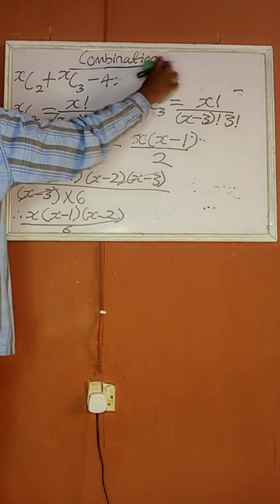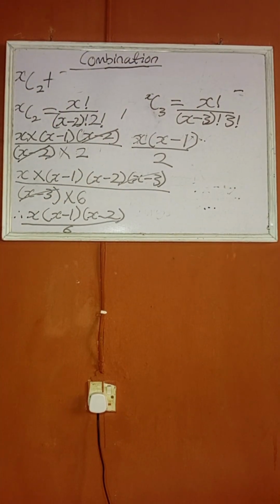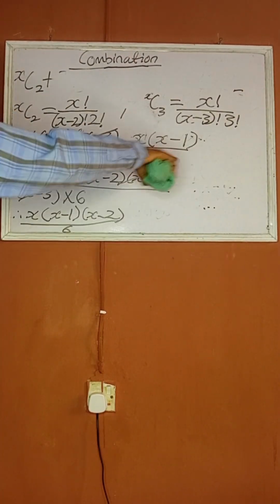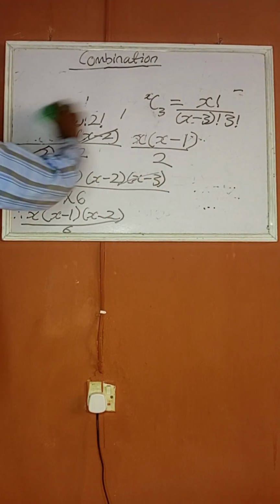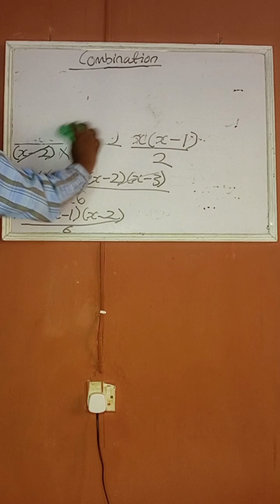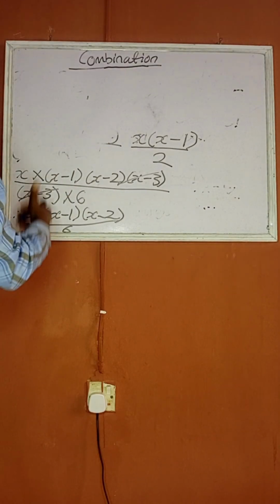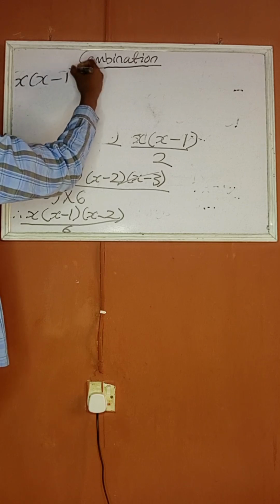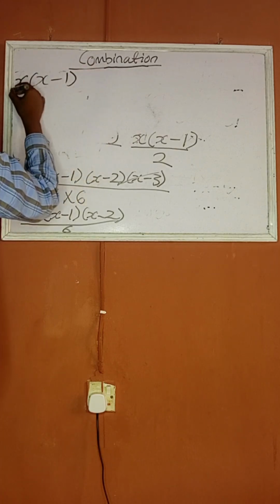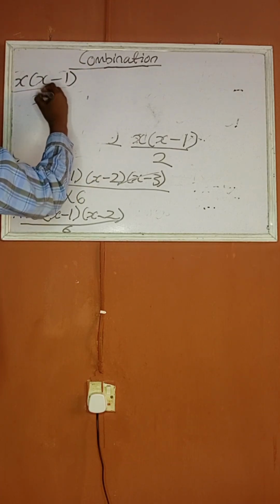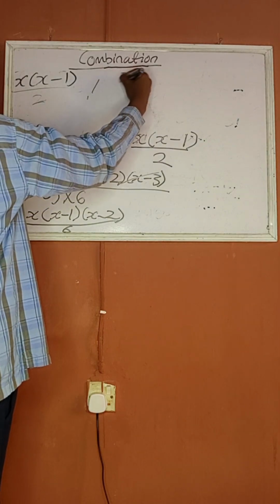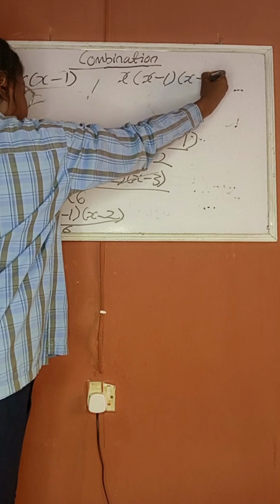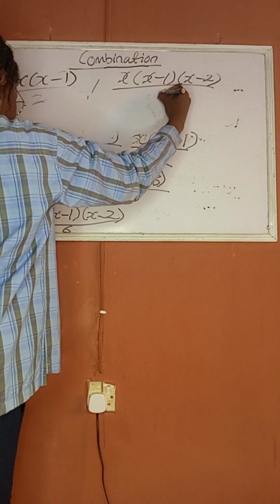So let's bring out both of our results. Since we have gotten our two figures here, I'm going to erase this upper part to put them because we need them. So that's going to be x times x minus 1 all over 2 for our first one, and then we got x times x minus 1 times x minus 2 all over 6.